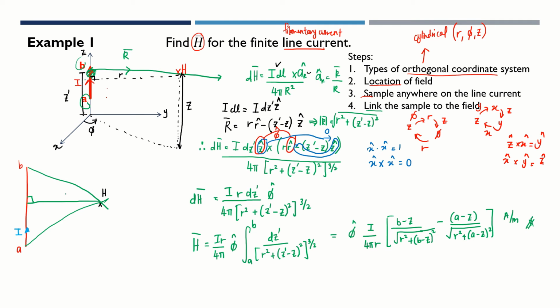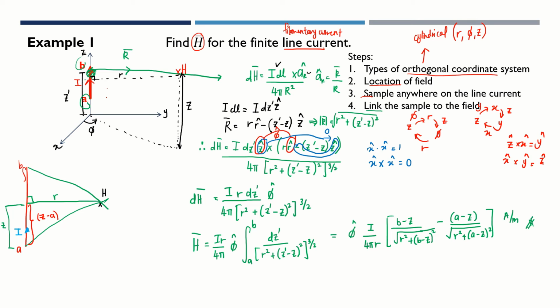This line is represented as R. The height from H, normal to the line current, is given as Z. Therefore, you can determine the height from A until this normal line to H. It will be Z minus A, the height here.